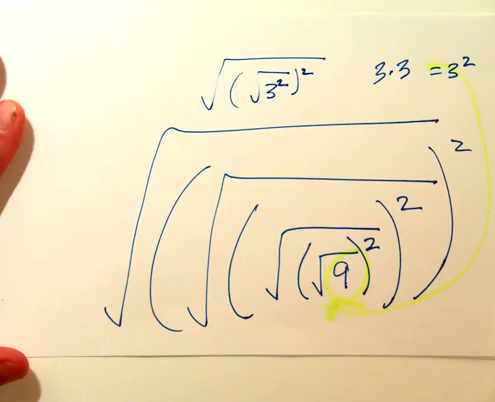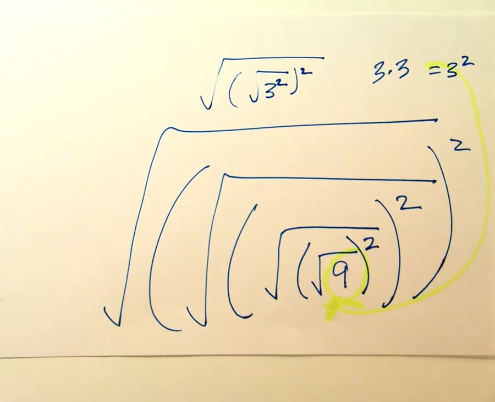You start with 3, you square it, you unsquare it, you square it, you unsquare it, and you're going to get back to 3. You're going to toggle between the perfect square, which is the number whose square root is the whole number, and its square root.